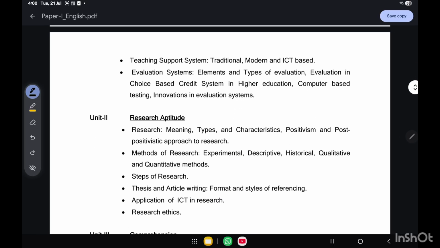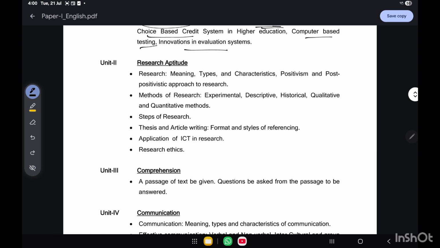Also teaching support systems, traditional, modern or ICT based. And there is the evaluation system: types of evaluation, the choice based credit system, computer based testing, or innovations in the evaluation system.